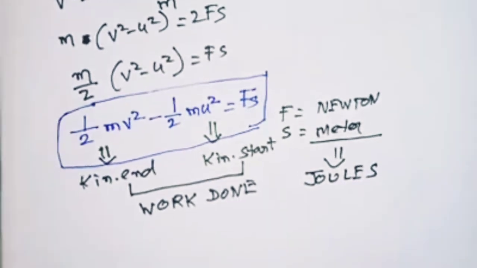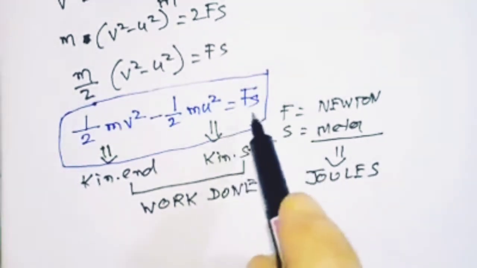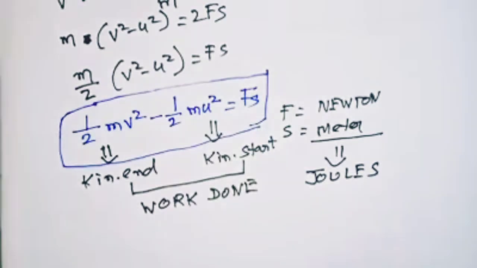So work done is measured in terms of joules, which is Fs, right? So this is one part where we have come to the conclusion of how we can find out the work done and what the values are.